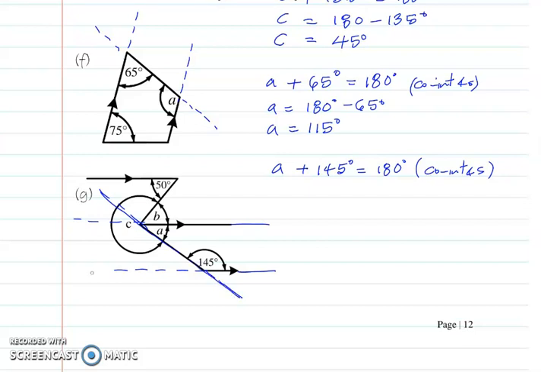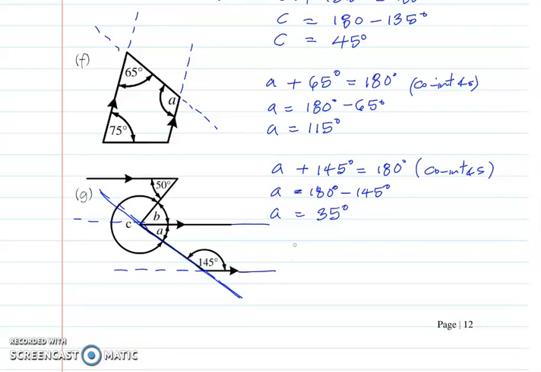They are both on the right hand side of the transversal. So whenever you have two interior angles on the same side of a transversal, like what you're seeing here, those two angles add up to 180 degrees. They are co-interior angles. So A would be equal to 180 minus 145. A is 35 degrees.